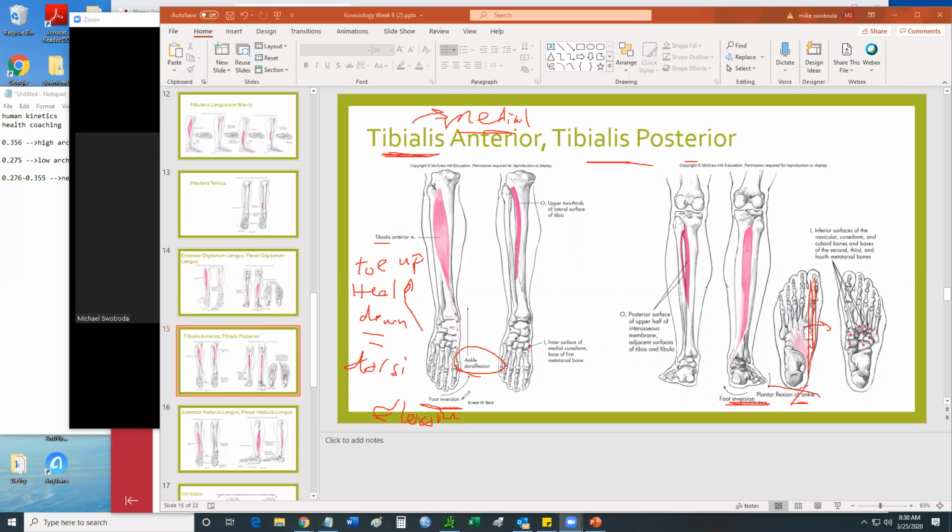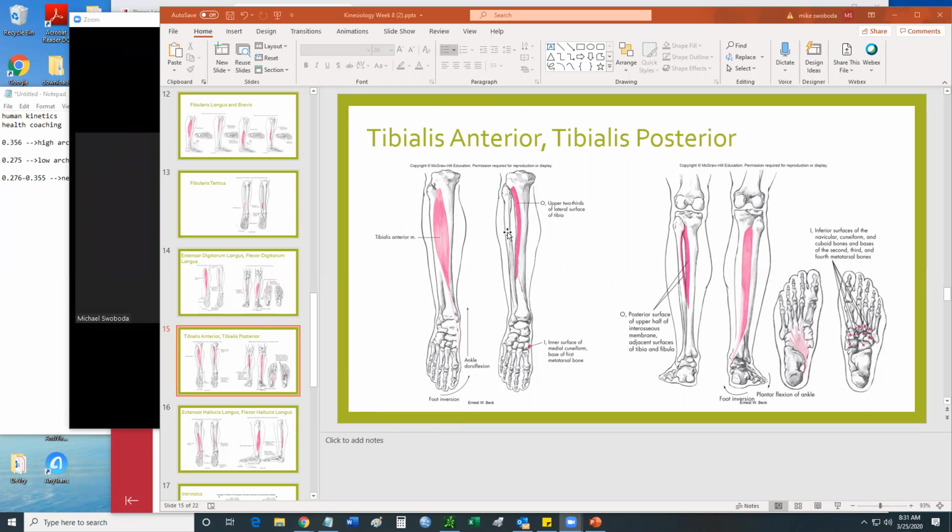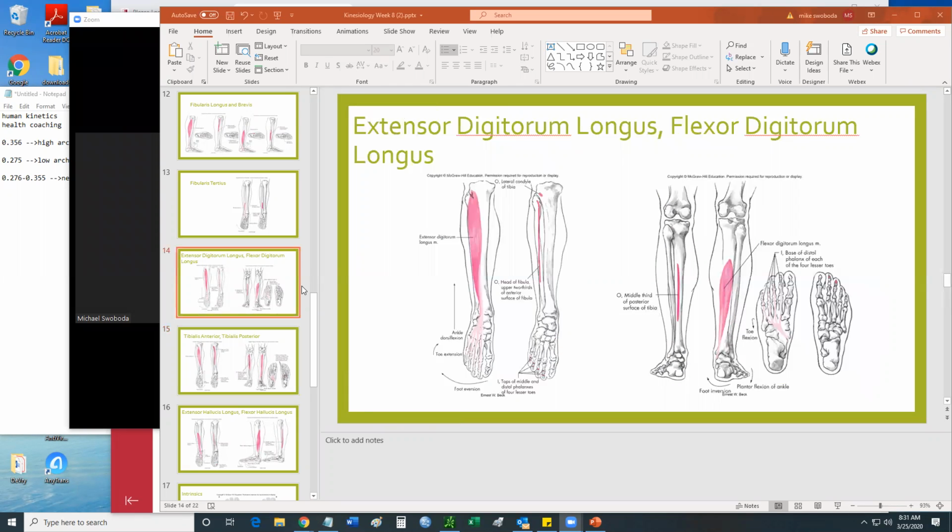Inversion means inward. So tibialis, medial, inversion. Fibularis, outward, lateral, eversion. I probably should have these switched, but that's okay.